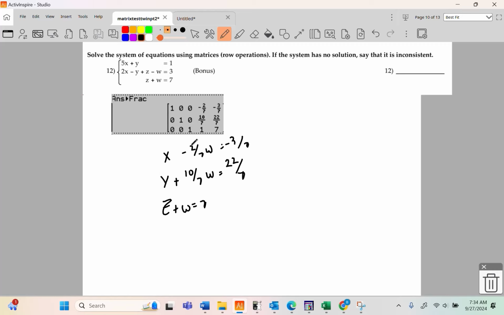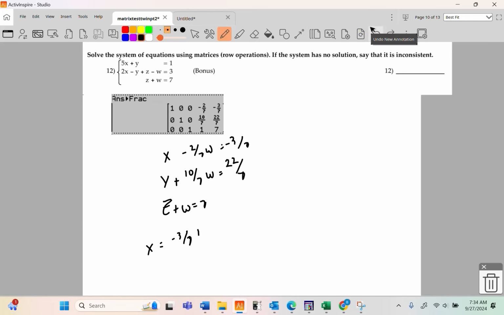All right, so what we're going to do is solve every equation for its variable. So x is simply -3/7 plus 2/7 of w. Y is -10/7 of w plus 22/7. I don't know why I wrote that in order. Am I having a stupid moment? Standard form, Milbrath.